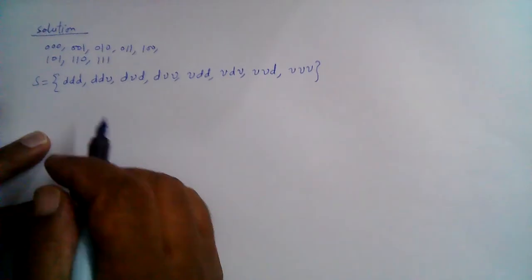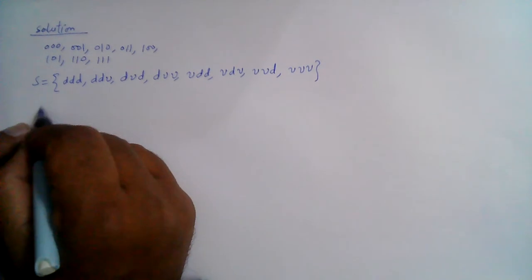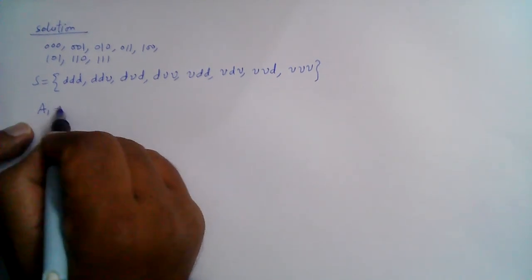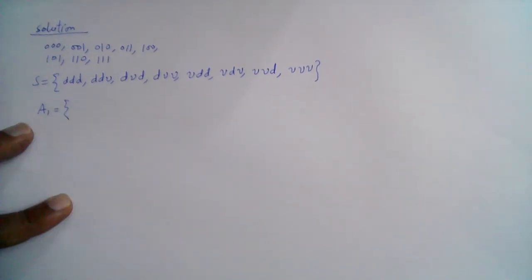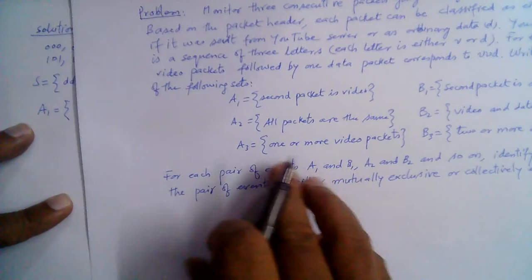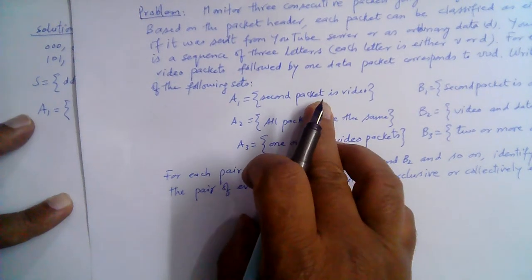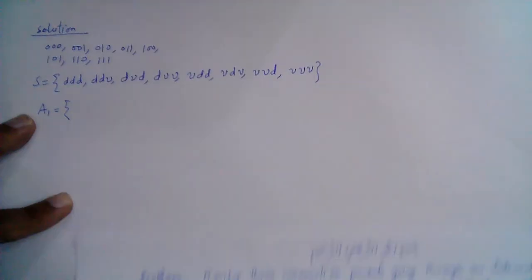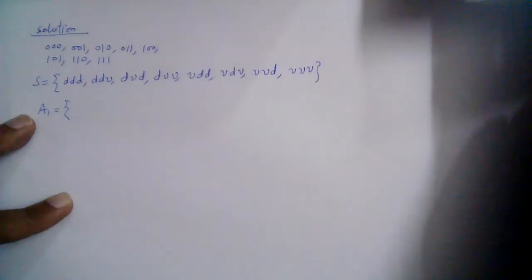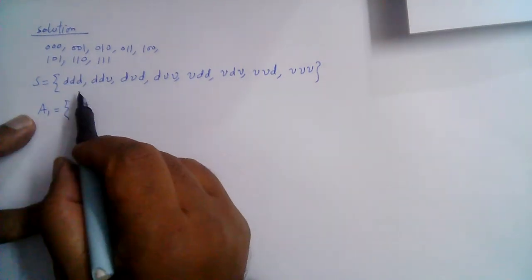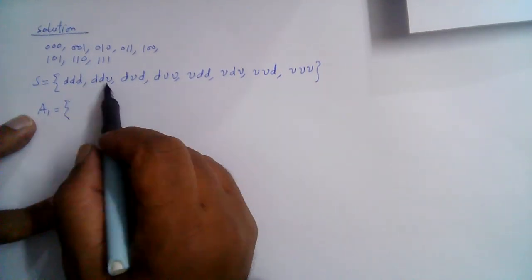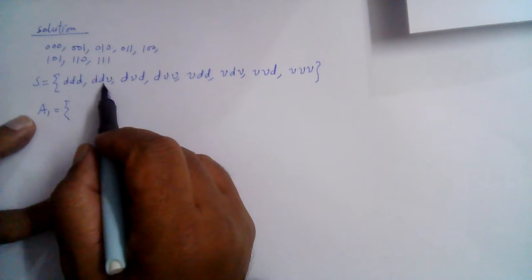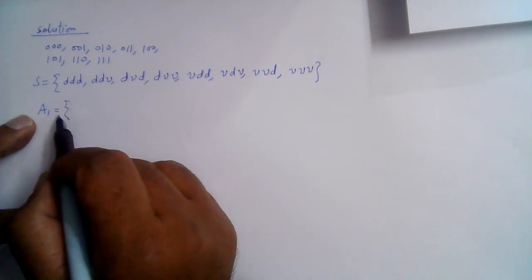Now let's write down the events. The event A1 is the second packet is a video. From this sample space we can see DDD here, the second packet is data. This is not an element of this event.